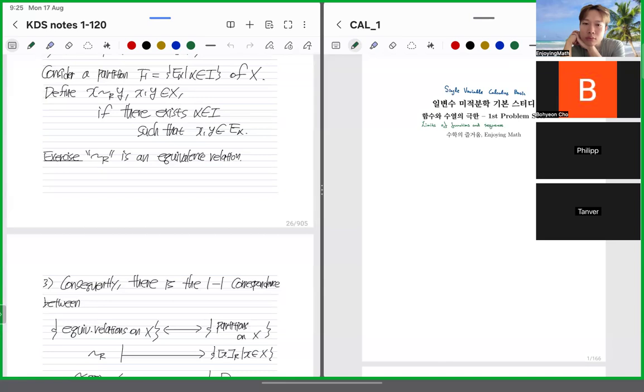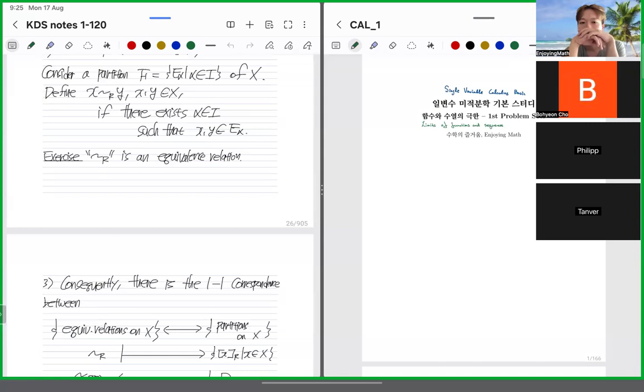If both of them come from E alpha, that's not possible, right? Yeah, that should not be possible actually.